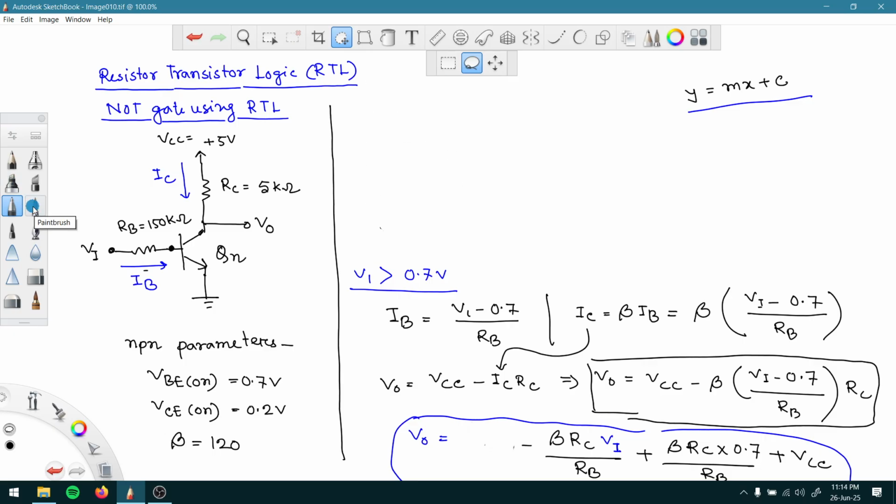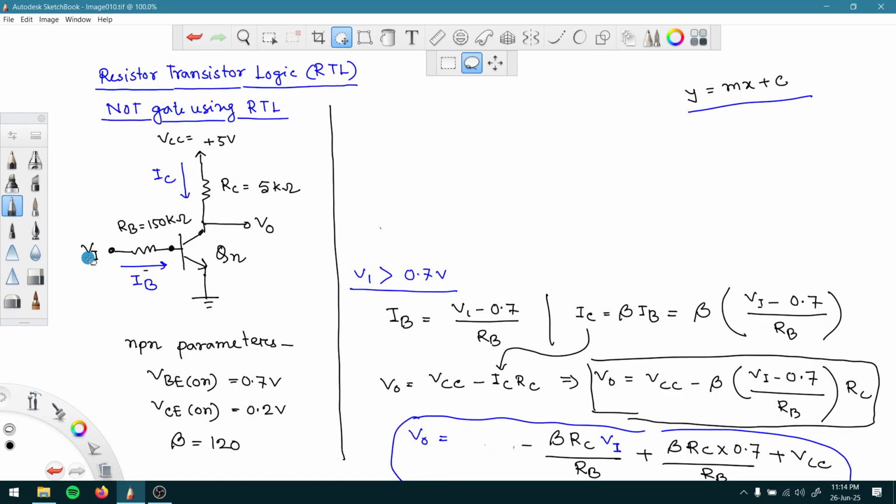Whenever we have saturation, we know one thing, that VCE should be at 0.2 volt, but what is the required Vi or input voltage, we still don't know. That is the problem.